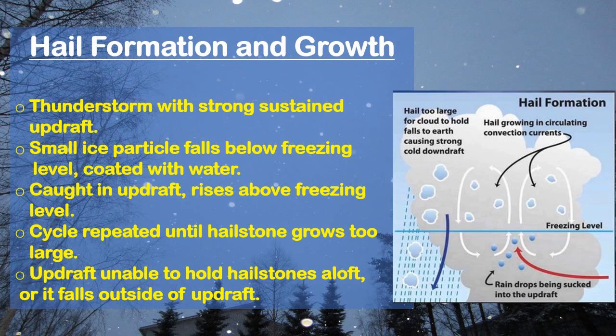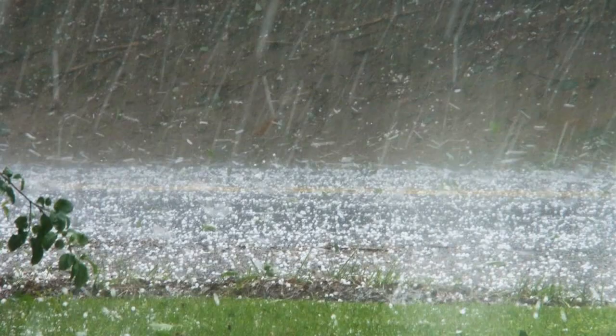Now you can see here in this picture the shower of hailstones. It looks exactly like a rain shower, but in a rain shower we find droplets of water, whereas here you will see balls of ice which hit the ground with very great force.